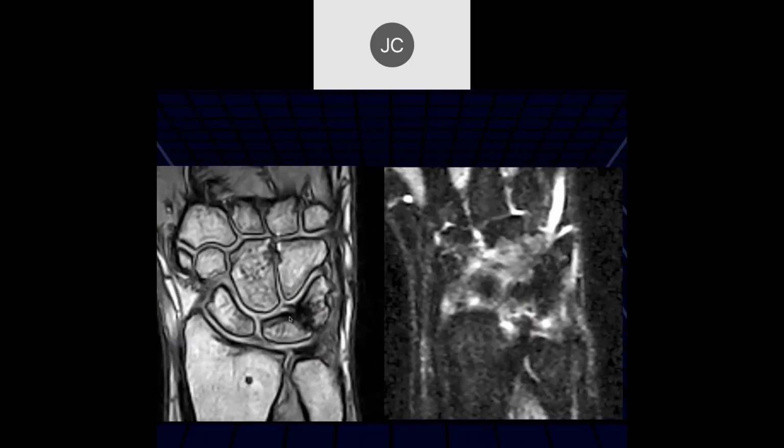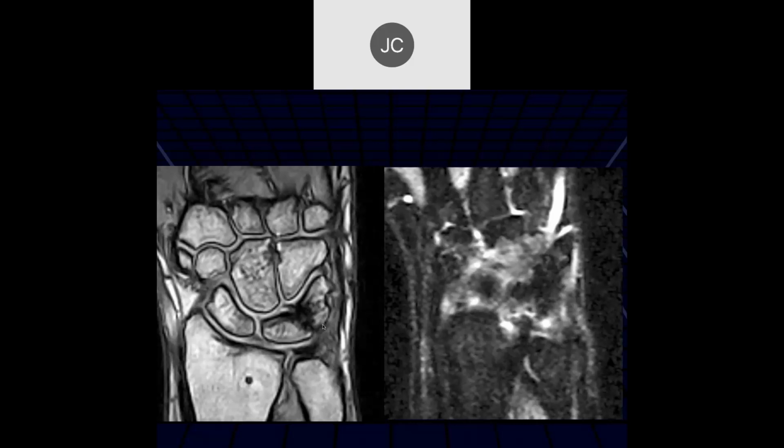Robert. All right, so here, looking at the lunate triquetrum, it looks like there's a susceptibility artifact or sclerosis across that articulation, right there. So what do you think this is?